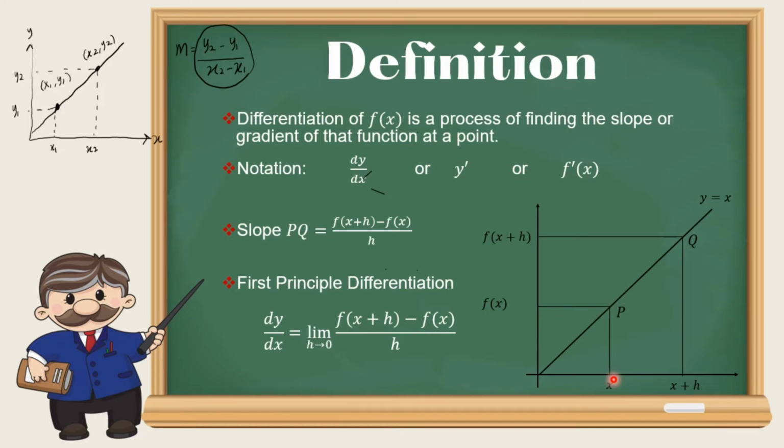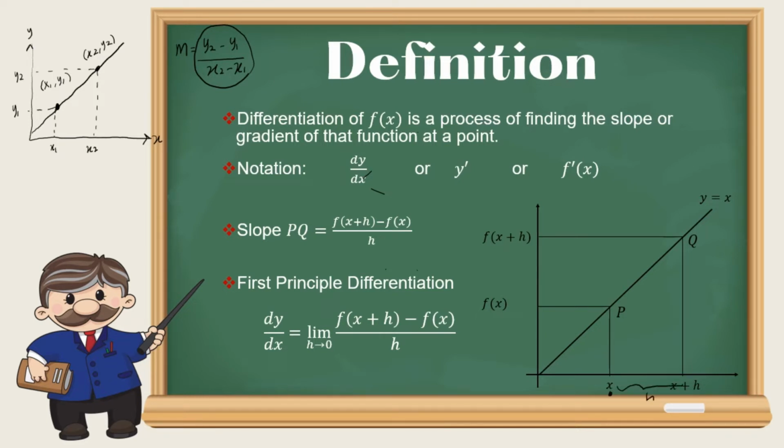So we have two values of x. The first value of x is x, and the second value of x is x plus h. What is x plus h actually? So x plus h is the value of x here plus some step, which is h.